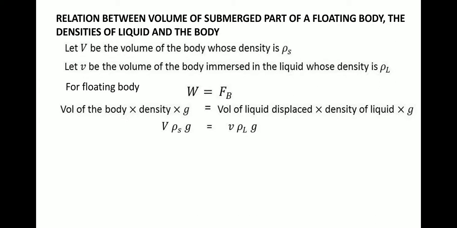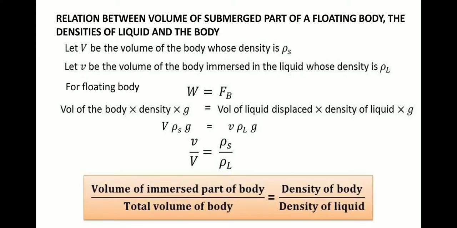Further simplifying the given expression, we will get small v by capital V is equal to rho s by rho L. Now small v by capital V is the volume of the immersed part of the body by the total volume of the body, which is equal to the density of the body by the density of the liquid.